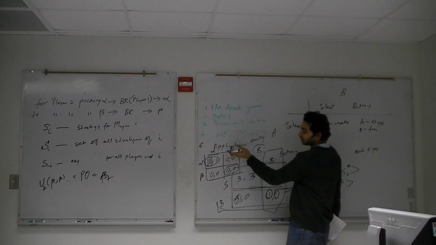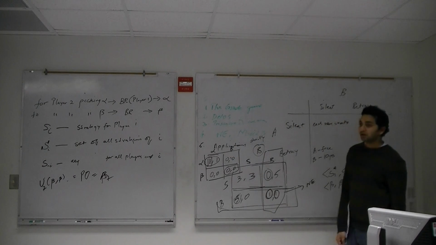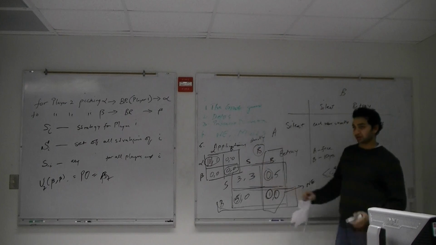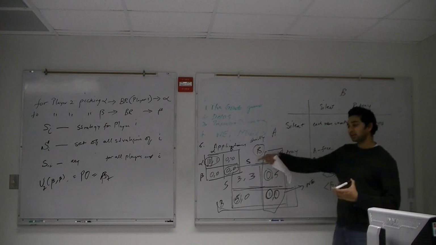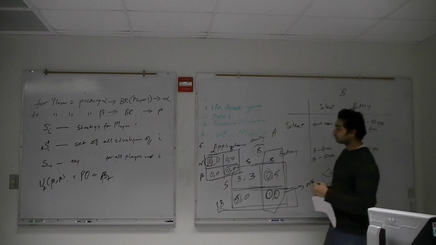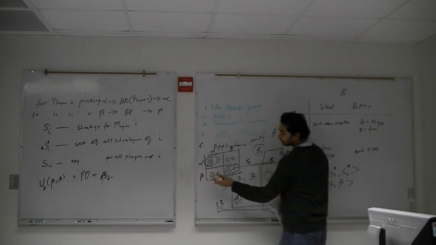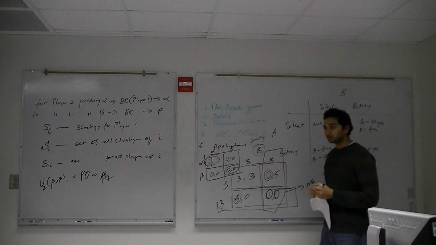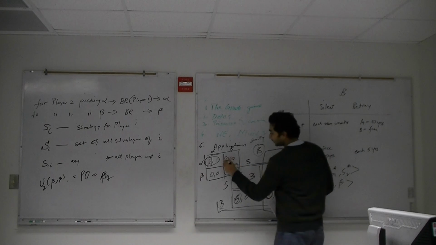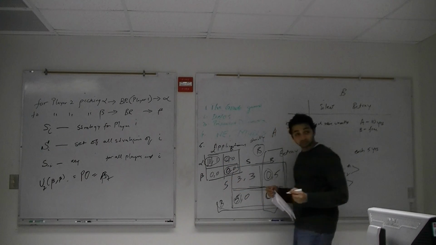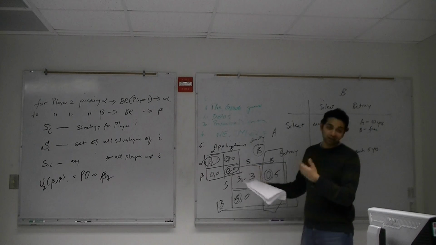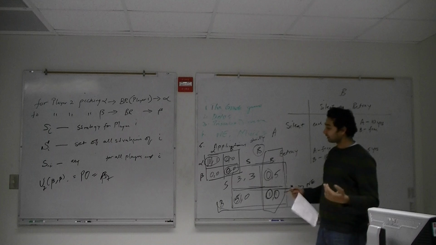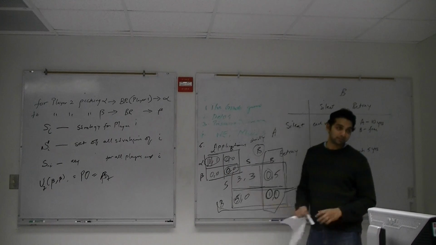For the belief that player 2 chooses beta, what would be the best? Choosing alpha and beta would be the same, right? So you could say that alpha is weakly dominating against beta. It could be either of these two, alpha or beta. Is alpha strictly dominating against beta?